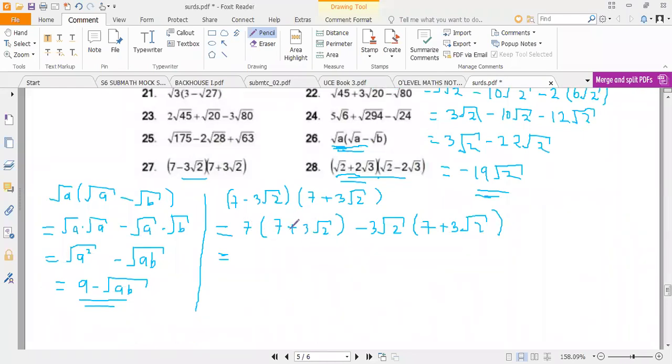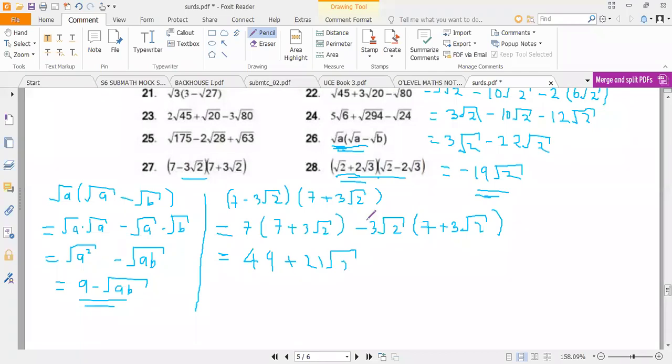After that, we can go ahead and we now do the opening of brackets. So of course here it will be 7 times 7, which is 49, plus 7 times 3 root 2. When you multiply 7 with 3 root 2, since the 3 is not under the square root, it will multiply with the 7, such that we get 21 root 2.